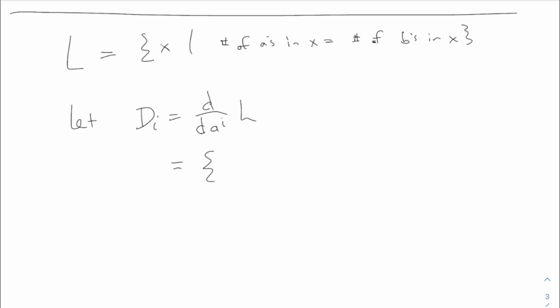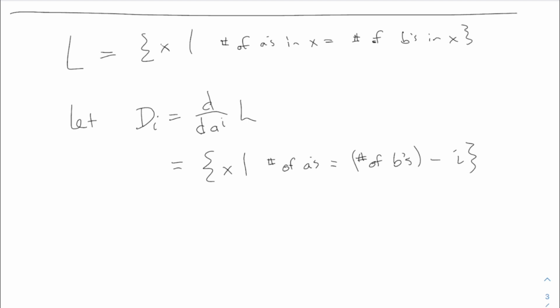This is a little strange. Yeah? Strings where the number of A's is equal to the number of B's minus i. Yes, I think this is exactly what I was going to say. So this is x such that the number of A's is equal to the number of B's minus i.